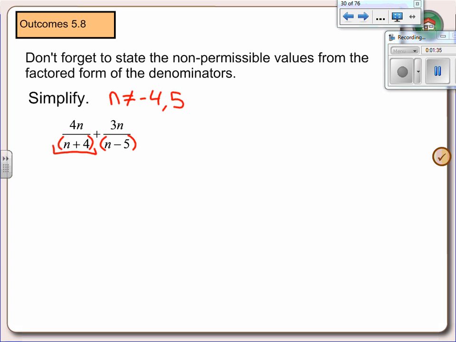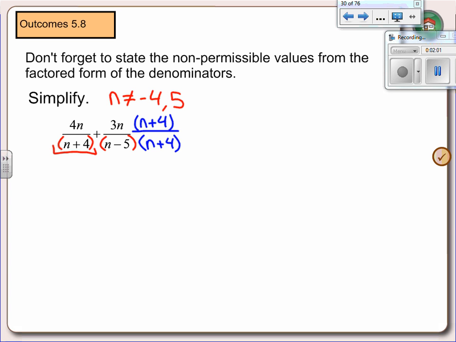So we need the other fraction to also have an n plus 4 in its denominator. To give the other fraction n plus 4 in its denominator, we have to multiply. So we multiply n plus 4 to the other side so that we build a common denominator. And what we do to one side, we have to do to the other.